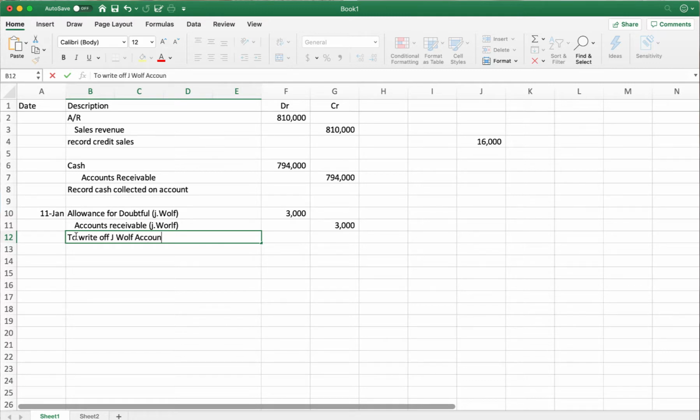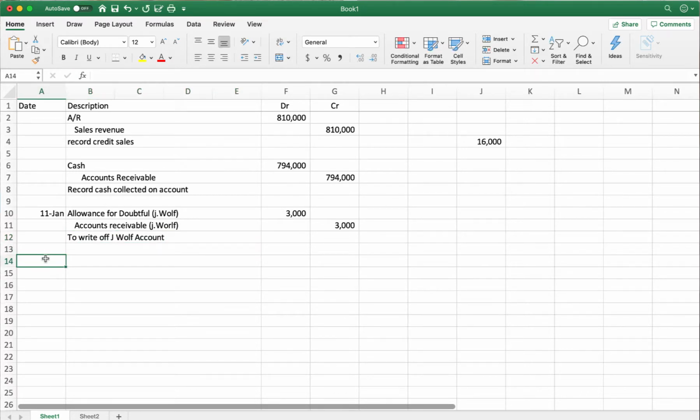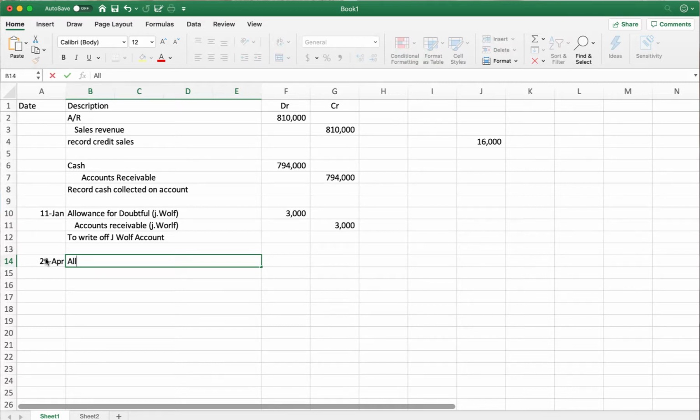Now, on April 29th, wrote off B. Avery account for $1,000. Guess what? We're going to do the same exact thing, okay? So on 4/29, we're going to hit our allowance for doubtful accounts, B. Avery.